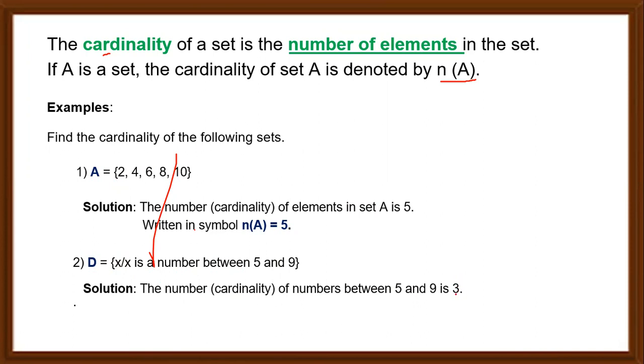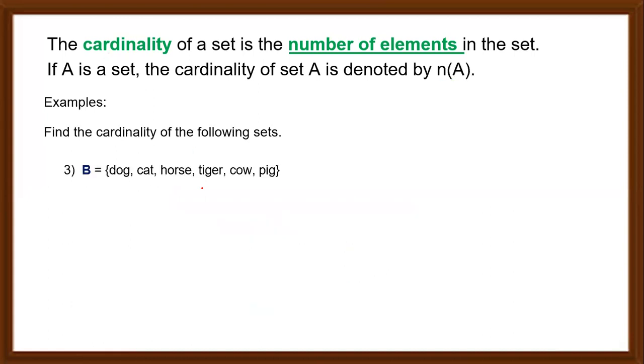Ano ba yung mga yon? We have 6, 7, 8. Hindi nakasali yung 5 tsaka 9 kasi sabi dyan between. Kaya there are only 3 elements. Isusulat lang natin siya sa symbol. Cardinality of set B is equal to 3. Okay? Ganun lang kung paano magpangalan or mag-identify ng cardinality of the given set.